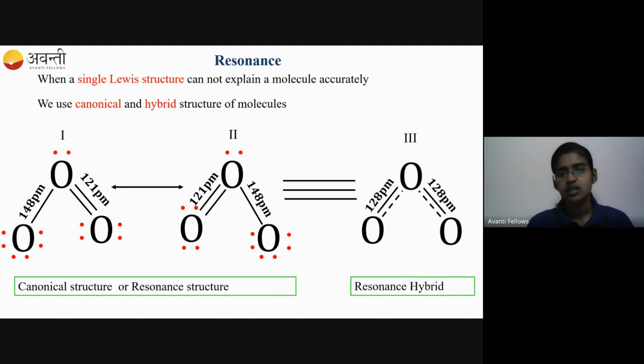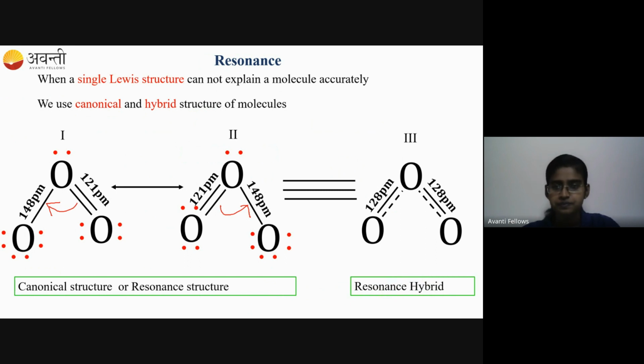Got it? In the resonance hybrid, you can see that both the bond lengths are the same, 128, whereas in the resonance structures, one is different from the other. When I shift these pi electrons here, I get this structure. When I shift this electron here, I get the first structure back again. So this is the delocalization of pi electrons, which leads to the resonance structures.